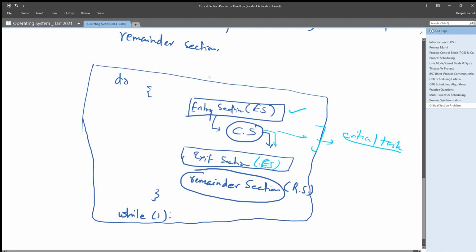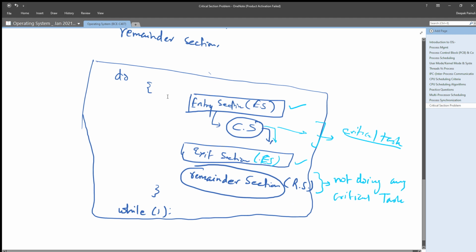And the remaining code of the process is called the remainder section, where it is not doing any critical task. So this is the general structure of a typical process.